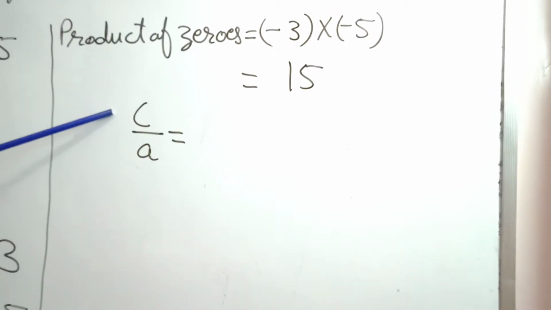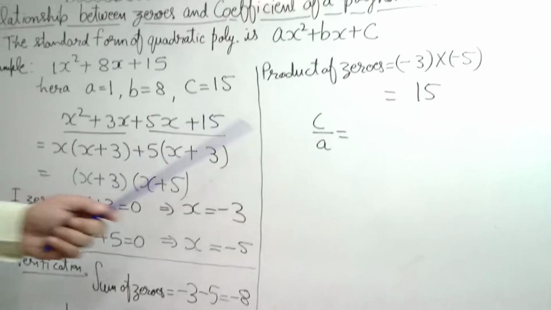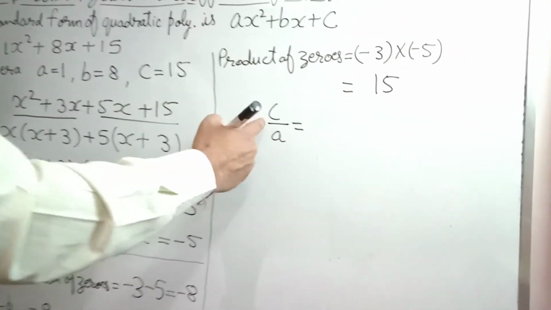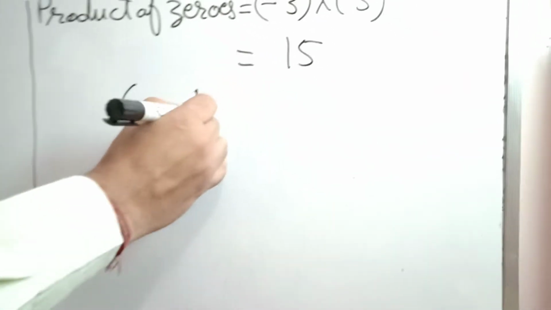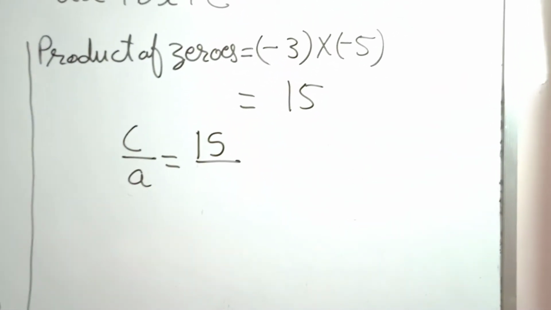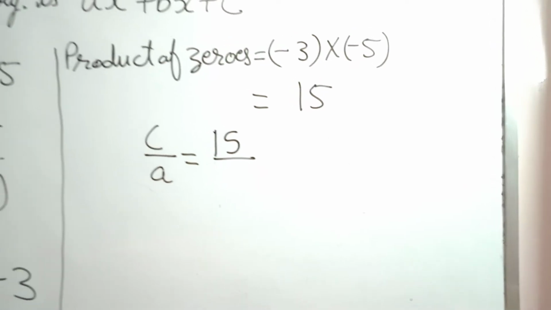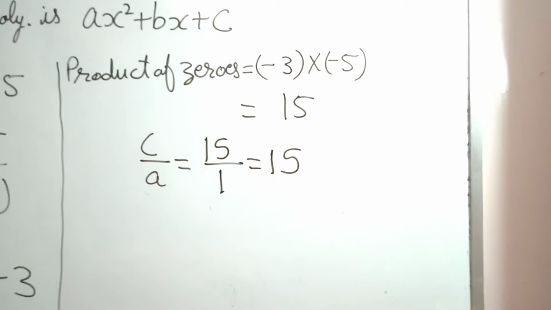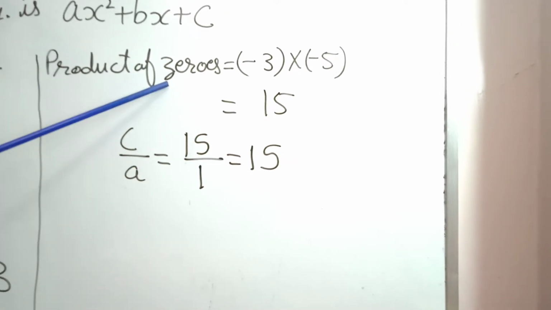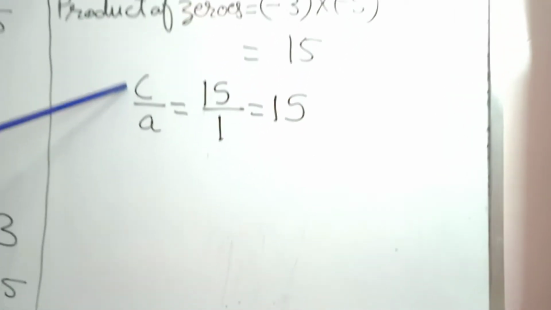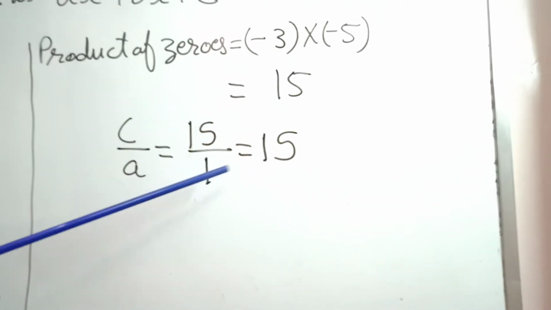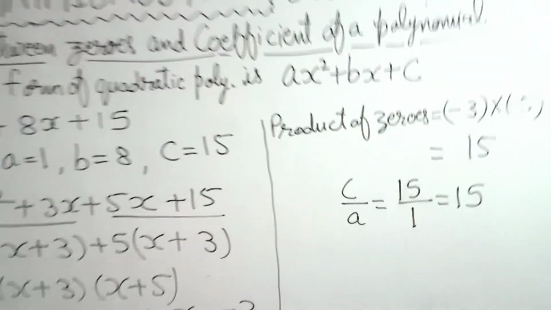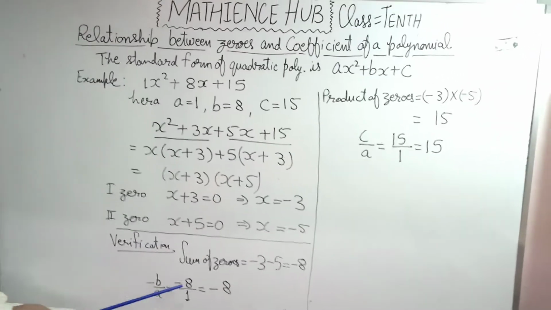C is the value of the constant, 15, and a is the coefficient of x square, a equals 1. 15 upon 1 equals 15. So this is the product of zeros. We get 15, and by the formula c upon a we get 15 upon 1 equals 15. So these are the zeros of the polynomial, and this is the verification.